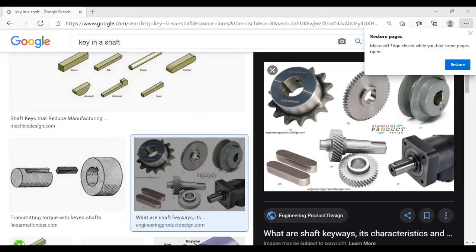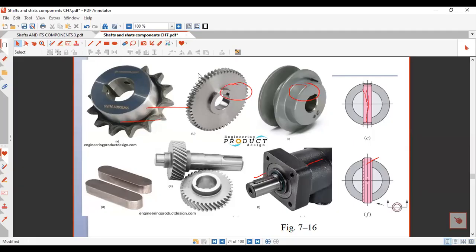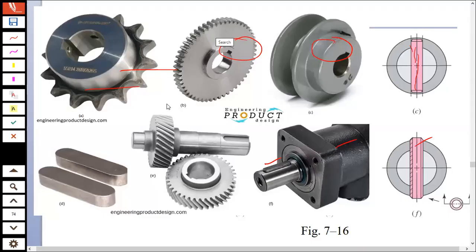Do you see the slide now? No, sir. Okay. Do you see the slide now? Yes. So here, if you look, this is the keyway.